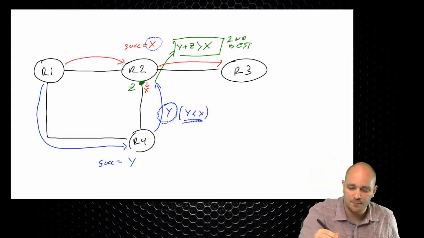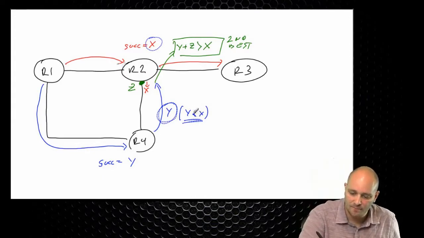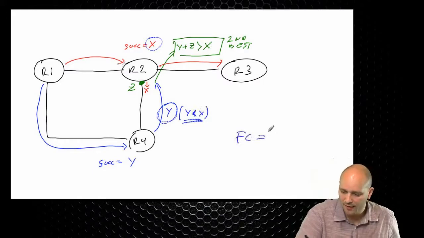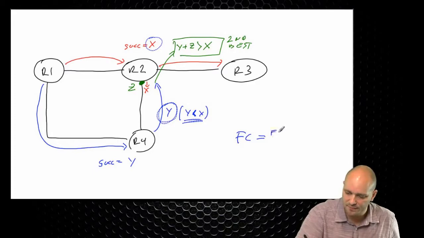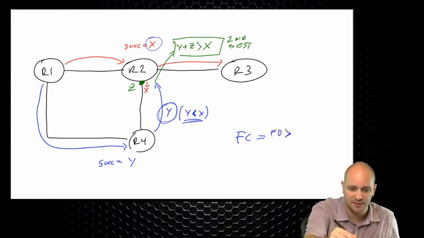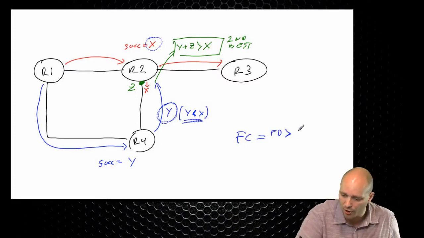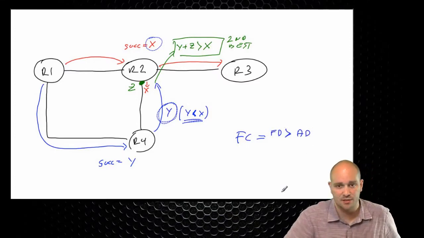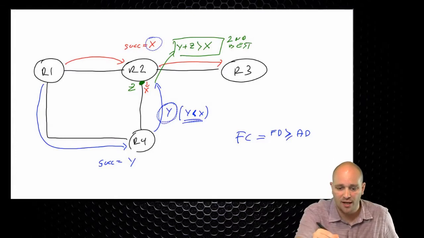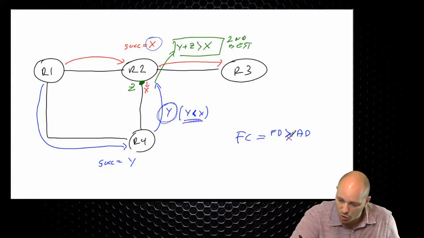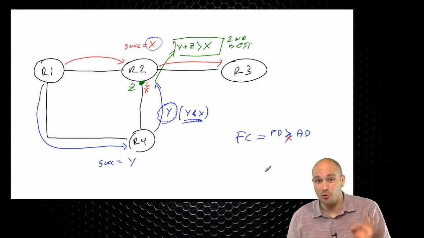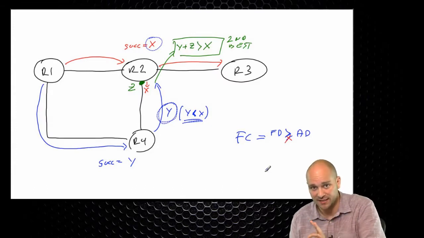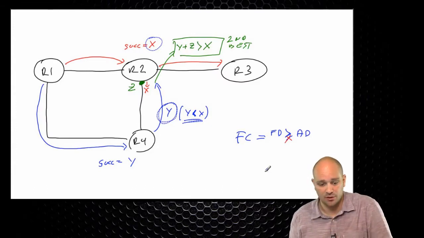This is why it's important to understand that the feasibility condition is actually that the feasible distance needs to be higher than the advertised distance of the route, not higher and equal. So not higher and equal. It actually needs to be higher than the advertised distance for a feasibility condition to succeed.